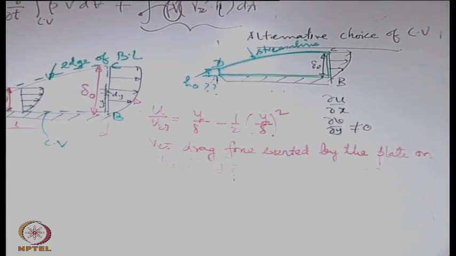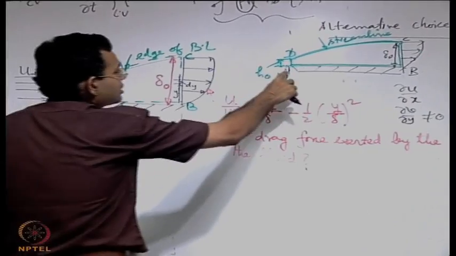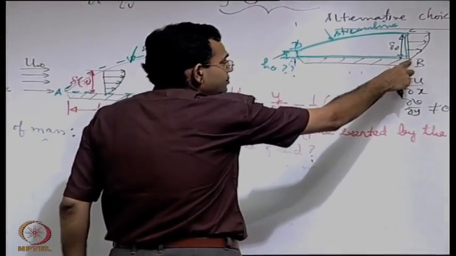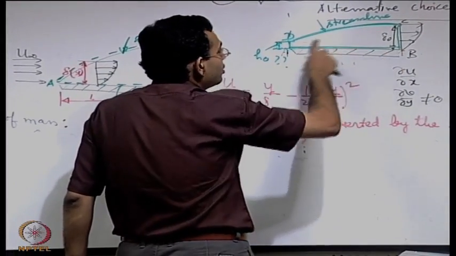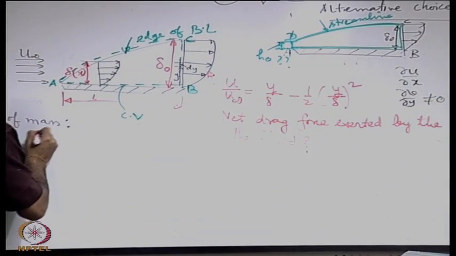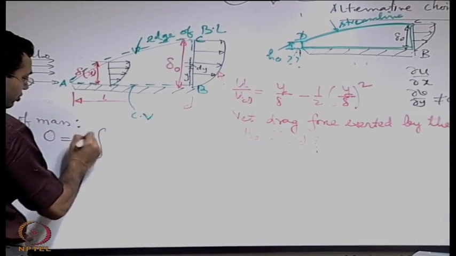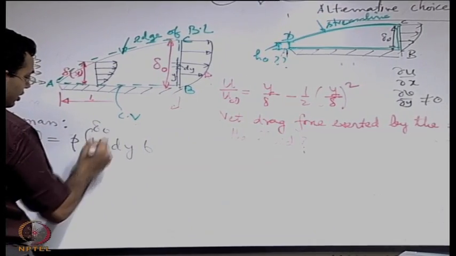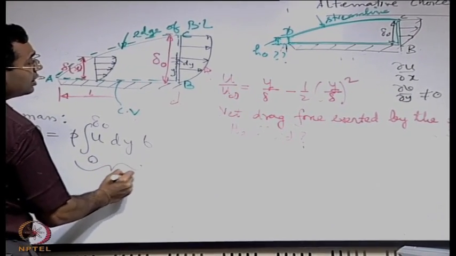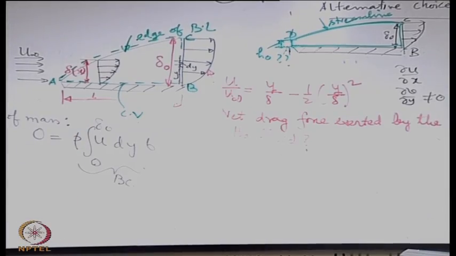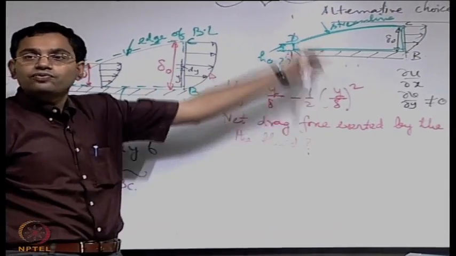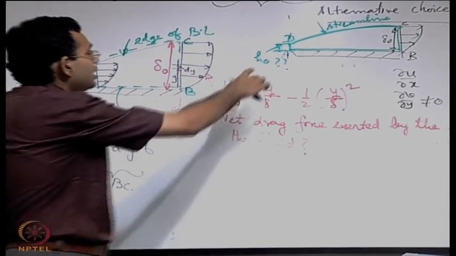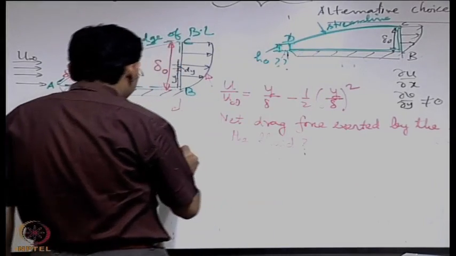So conservation of mass: for AB it is 0 mass flow. For BC we have seen, integral of rho u dy b from 0 to delta naught. For CD it is 0 because it is a streamline, there is no flow across it, but there is something for AD.